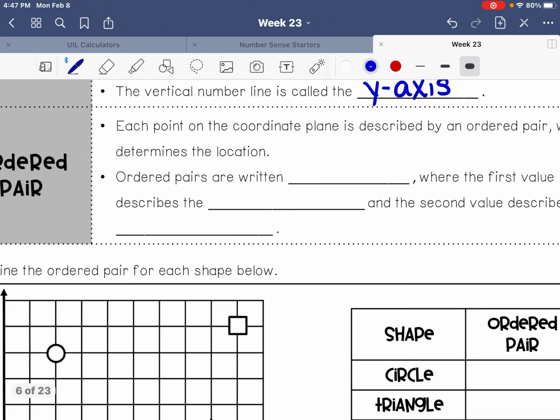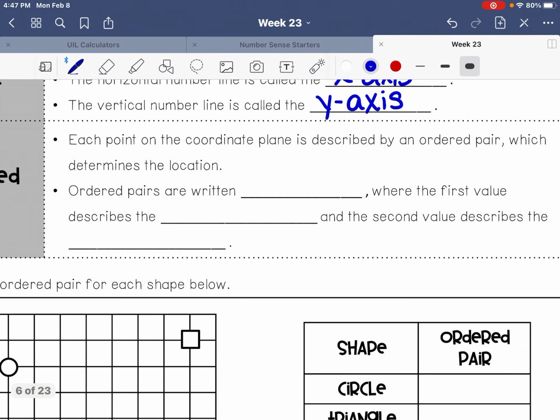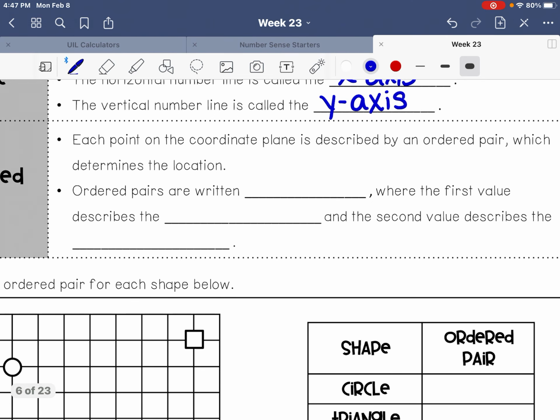Ordered pairs. Each point on the coordinate plane can be described by an ordered pair, which determines the location. Ordered pairs are written with an open parenthesis, a number for the x-coordinate, a comma, a number for the y-coordinate, and then a closed parenthesis. You have to put the parentheses, you have to put the comma. The x always has to go first and the y always has to go second. Those things are non-negotiable.